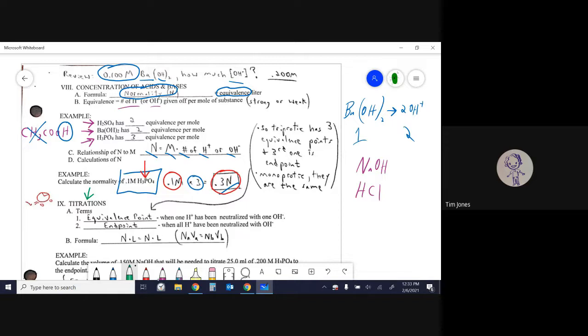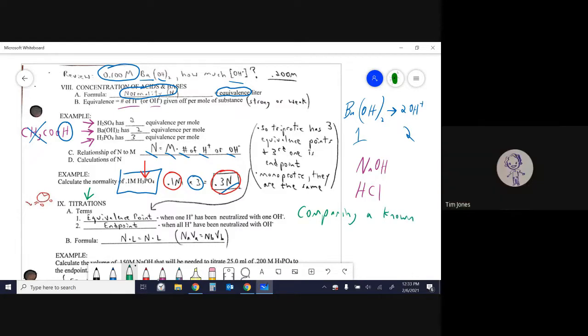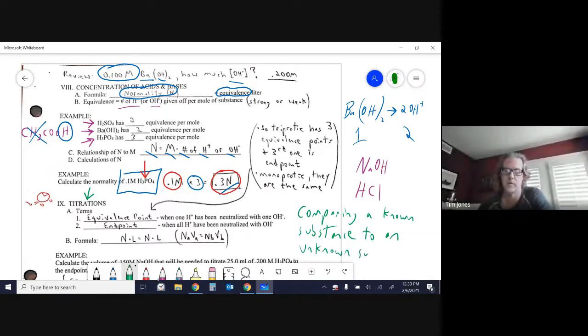When you do a titration, basically what you're doing is comparing a known substance to an unknown substance. And the idea is, by comparing the unknown to something you know, you can find out stuff about the unknown.